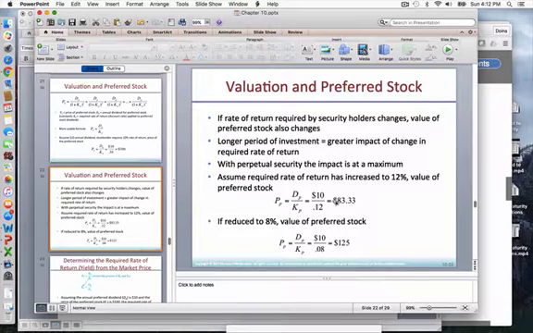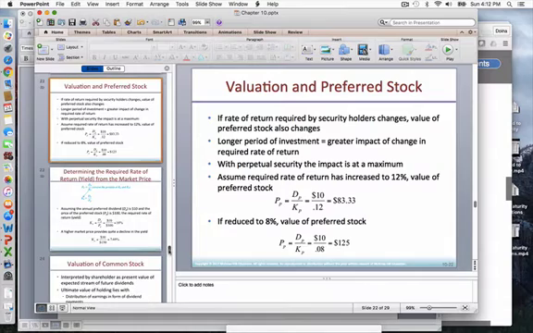When the yield goes up, the price goes down. Now the opposite case: when the yield goes down, from 10% to 8%, then the price is going to go up. And that's the general formula for the price of preferred stock.